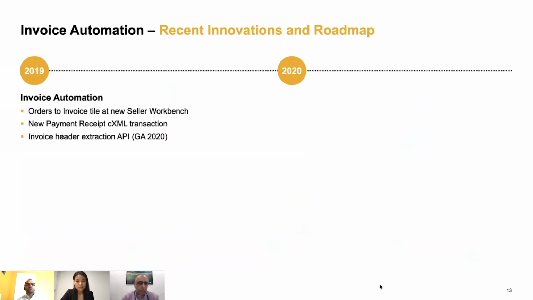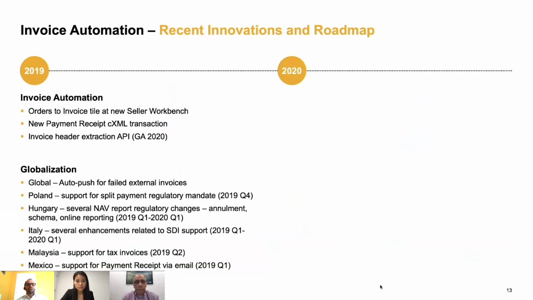In terms of globalization, right, we have done some general enhancements. We also are keeping our regulatory consistency. In Poland and Hungary, there were changes in the regulations. In Italy, you know that Italy introduced a new electronic tax invoice regulation on January 1st, 2019. On January 1st, 2019, we were live with our solution, and we saw a major adoption of that solution.